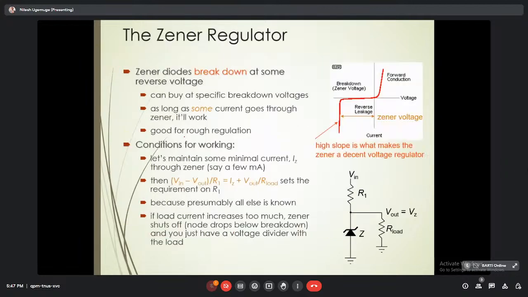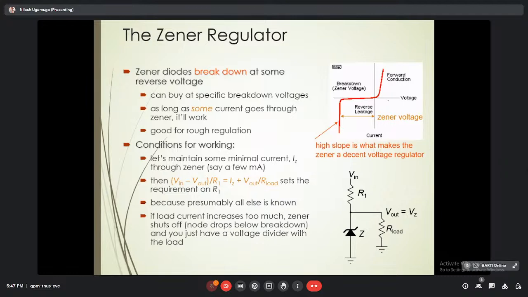Now, as I mentioned in the previous slide, we can use the Zener diode as a regulator, and here in reality we have used the Zener diode. A Zener diode is an electronic component made of semiconductor material, and it can regulate the voltage. If we see the characteristics of the Zener diode, it looks like this.